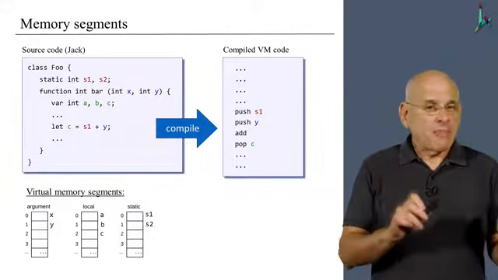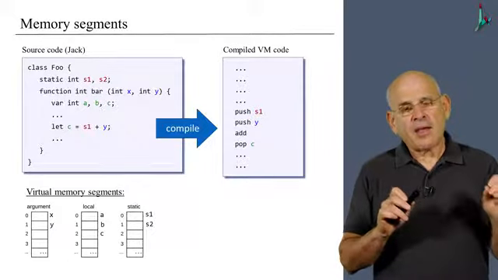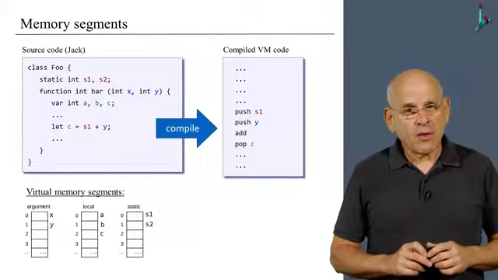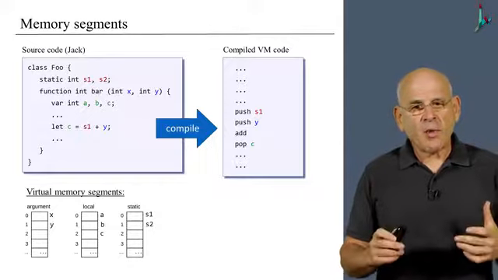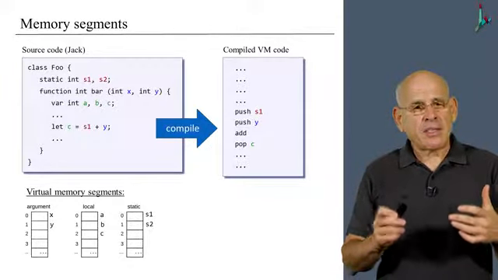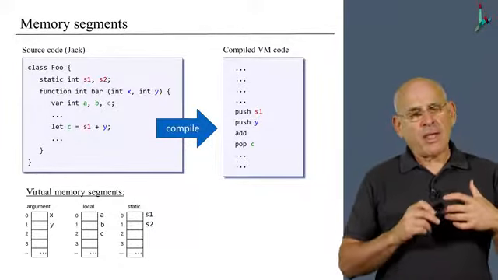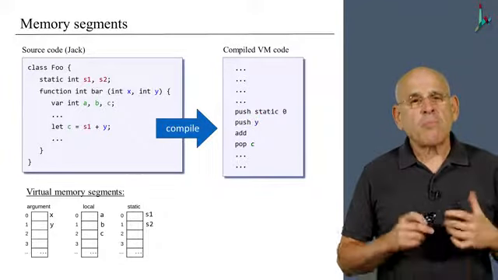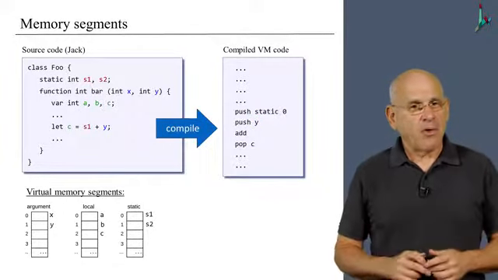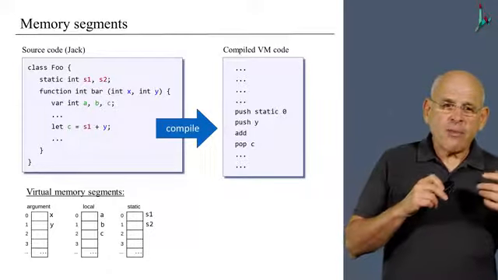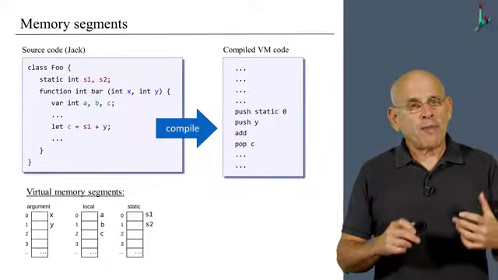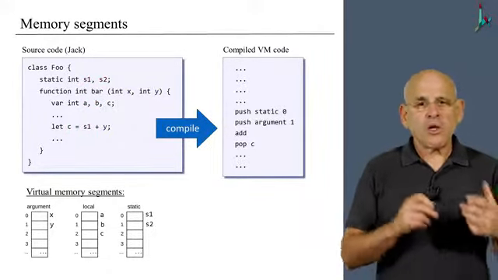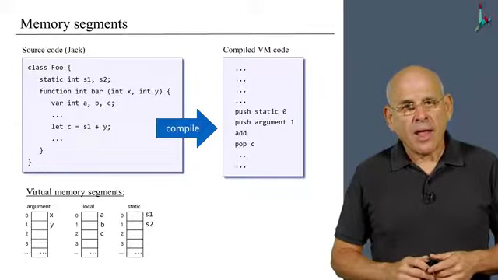And once we have this mapping in place, we can use it in order to generate code. So instead of push S1, S1 is a static variable, so instead of saying push S1, we're going to say push static 0. And instead of pushing Y, which is argument number 1, we're going to say push argument 1.